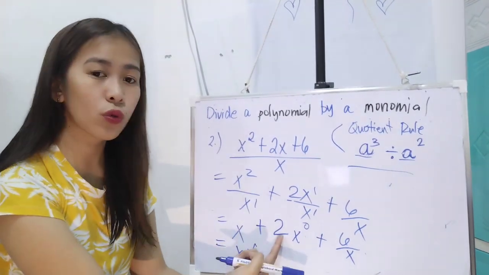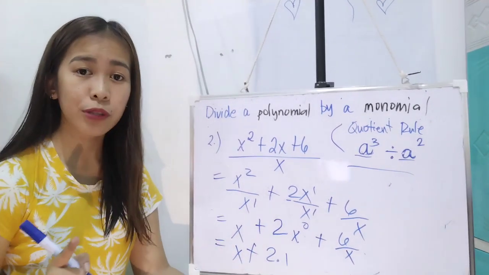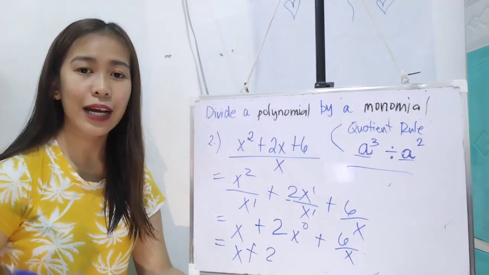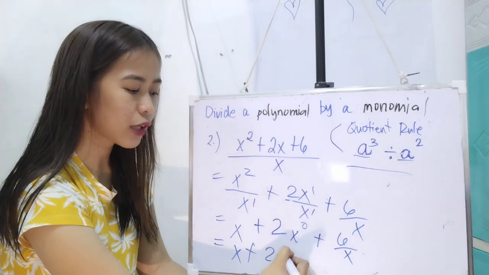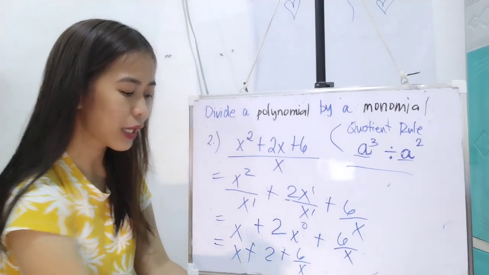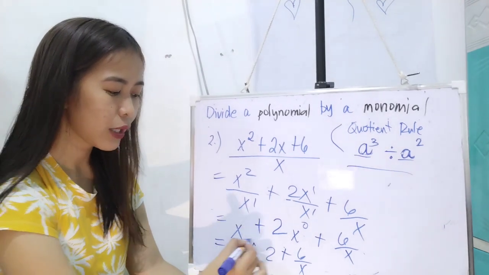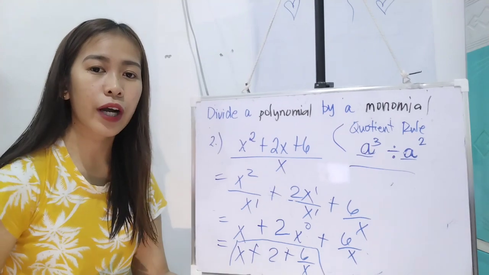Therefore, that is 2 times 1, and 2 times 1 is 2, of course. Therefore, we just put 2 there. And then, this 6 over x, we have nothing to do there, so just copy. Therefore, our final answer will be x plus 2 plus 6 over x.